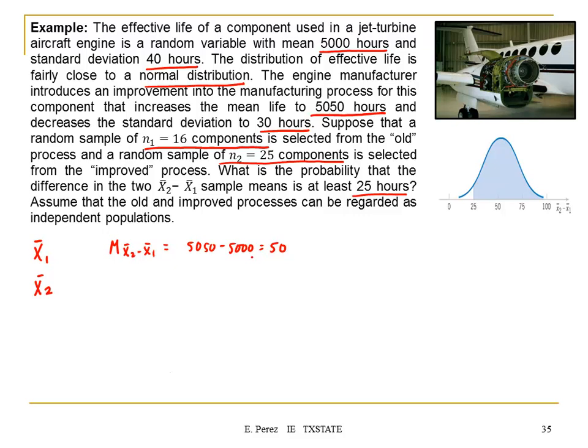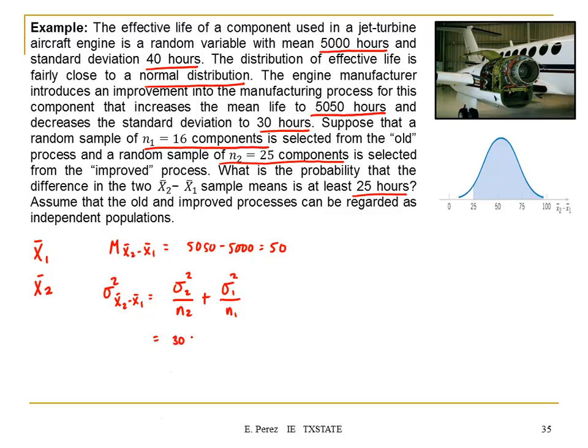Now we need to compute the variance for the difference. So the variance of the differences is sigma squared of x bar 2 minus x bar 1. So this is equal to sigma squared 2 over n2 plus sigma squared 1 over n1.